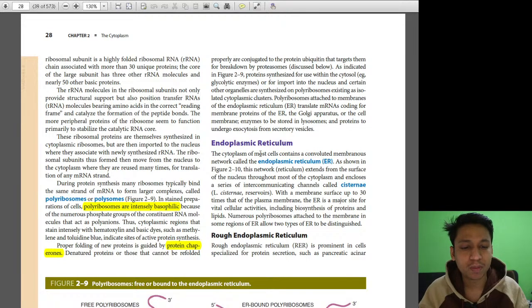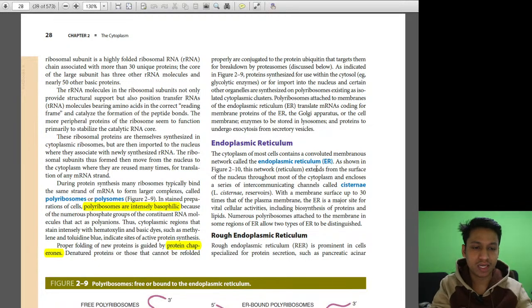The cytoplasm of most cells contains a convoluted membranous network called the endoplasmic reticulum. As shown in figure 2.10, this network, the reticulum, where the word reticulum means a network, extends from the surface of the nucleus throughout most of the cytoplasm and encloses a series of intercommunicating channels called cisternae.